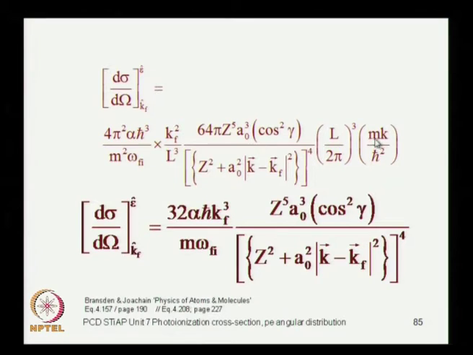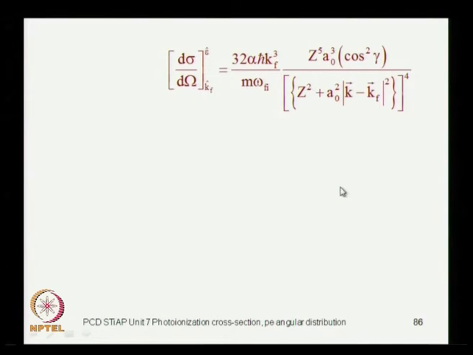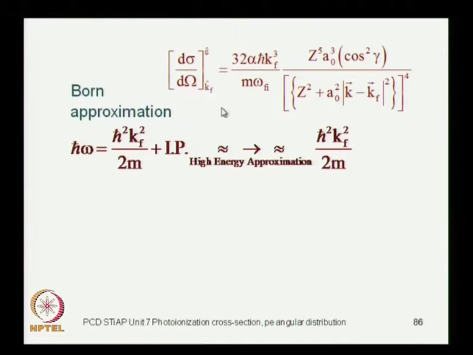There is a k over here, this is taking place at the resonant frequency, right. So, you have got a kf cube over here, and you have got the cos square distribution as we have noted already. Okay. So, you have the fourth power of this term in the denominator, and then we can develop an approximation which is known as the Born approximation, and in the Born approximation this expression gets a very simple form.